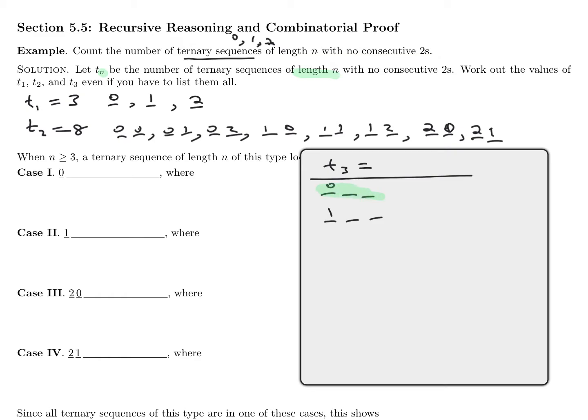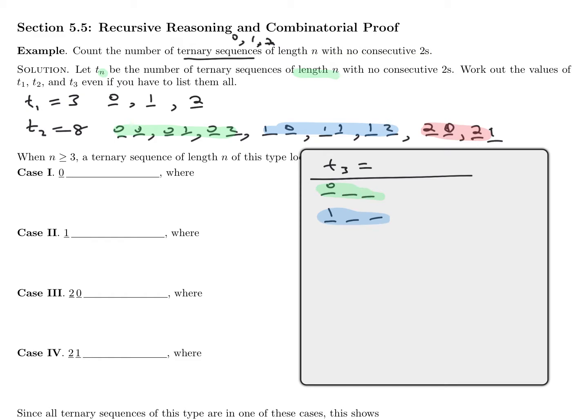The ones that start with 0 and 1, I'm kind of keying off of what happened before. The ones that start with a 2 are the only ones where I really had to do any thinking.